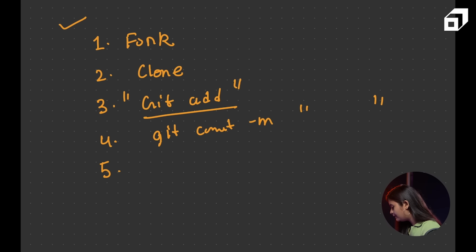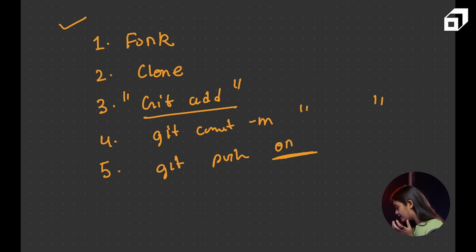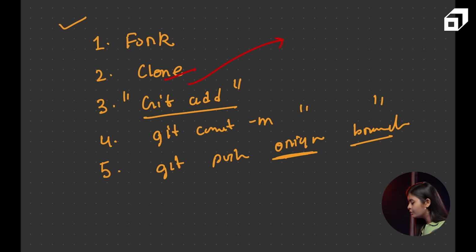And after that, the final step is you have to push all those changes. This is the name of the remote, that is origin, and then the name of the branch on which you were working. And one more thing here which is very important. After cloning, when you start working on the issue, you have to create a new branch as well. Git checkout -b and then the name of that particular branch, right?